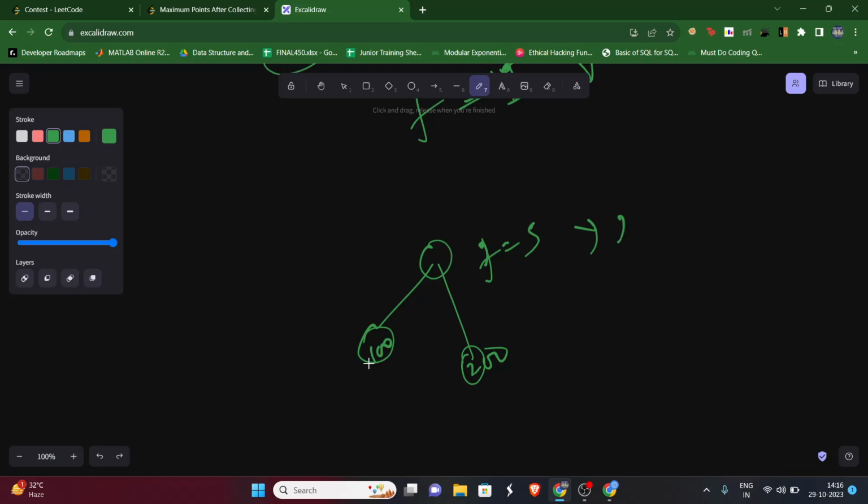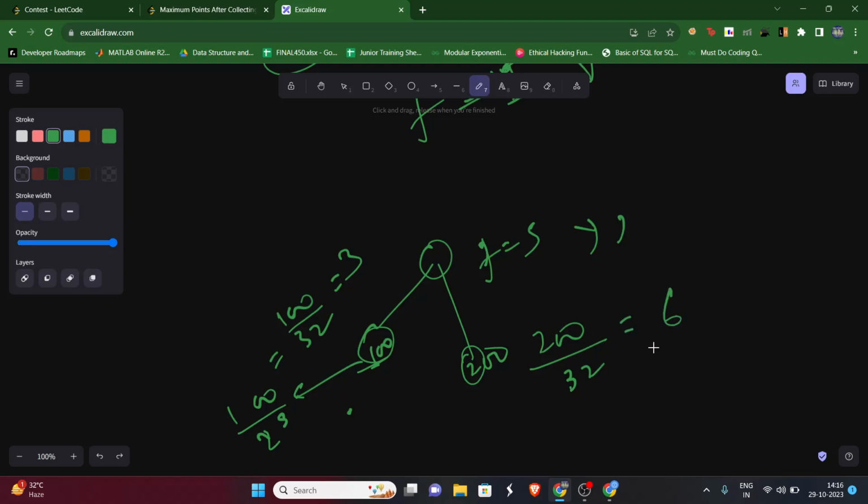That means we'll have to divide by 2 to the power 5, that is 100 divided by 32, which results in 3. Similarly, 200 divided by 32 will be 6.